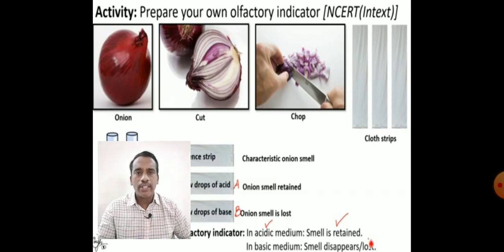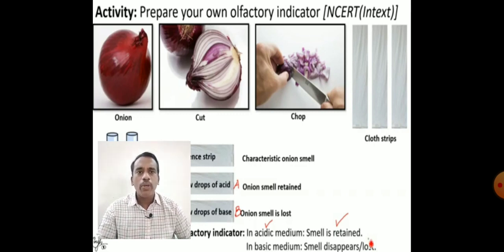Now our task is to cut this onion and chop it into pieces. After chopping them into pieces, take 3 cloth strips. You are going to take the cloth in a thin strip and you are going to place this cloth tied to the onion pieces.